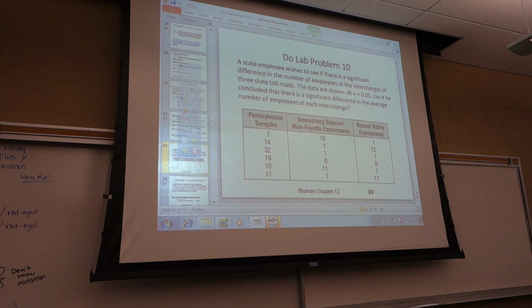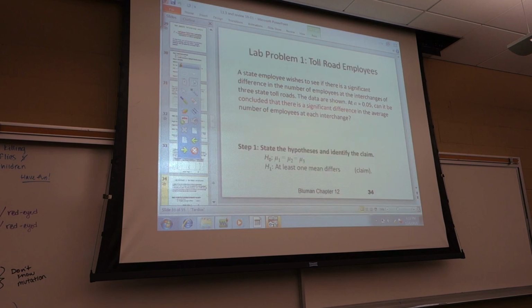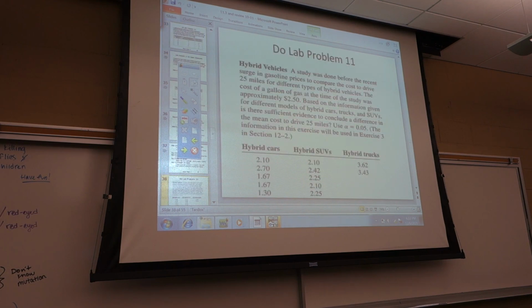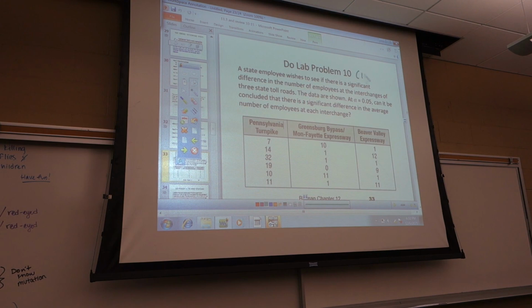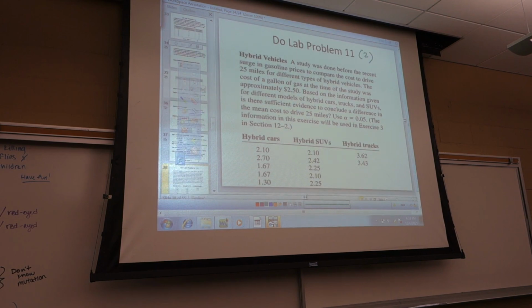So do those two problems, that's 1 and 2. Okay, got it. All right, so do these two problems, and then we'll check the first one in about 6 minutes, and then we'll do the next one. But do both of them.